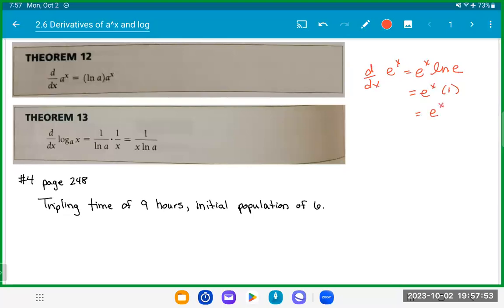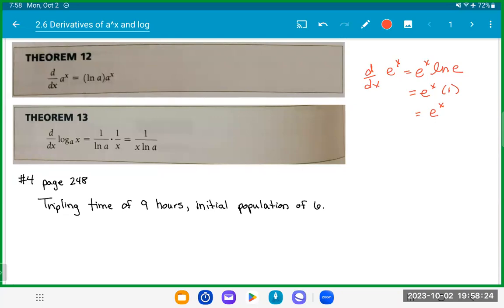That is a special case we saw in section 2.1, I believe. So if you didn't remember that the derivative of e to the x is itself, you could apply it to the formula for theorem 12, and you can see that it simplifies down to that for you.